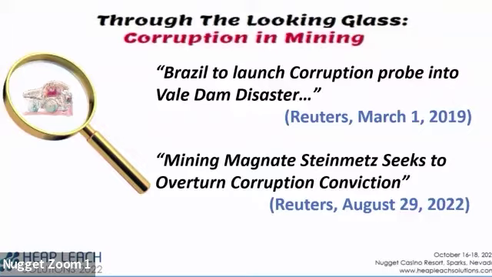And this has also triggered a call for regulatory reform, with Brazil considering reform that would result in regulations that tighten dam safety. In Geneva, a Swiss court found mining magnate Steinmetz guilty of bribing Ghanaian officials for a permit to mine ore.